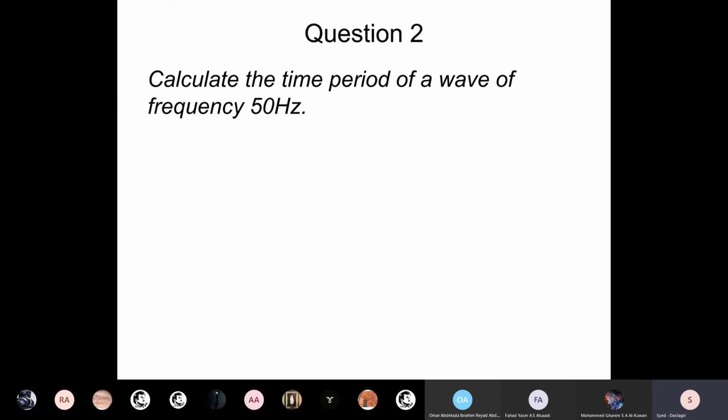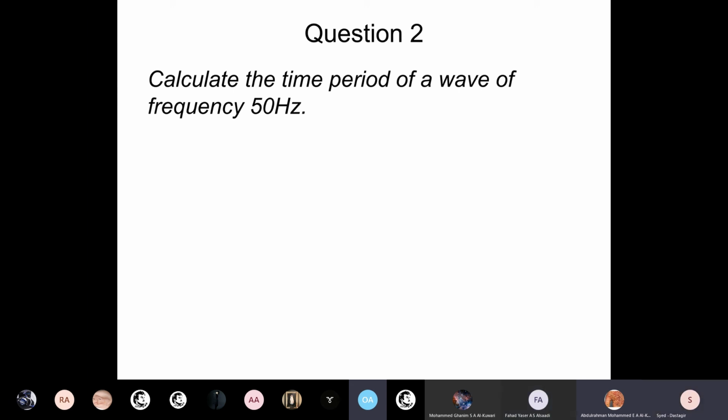Okay, the next question. Abdurrahman Khalifi, could you read the question? Calculate the time period of a wave of frequency 50 hertz.